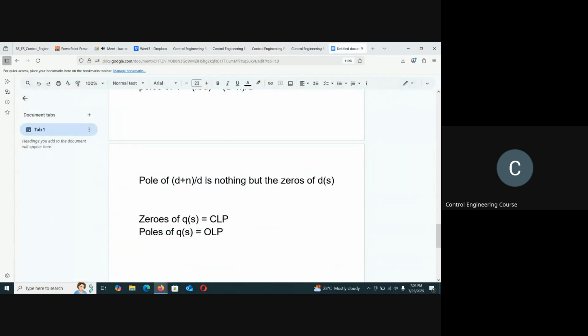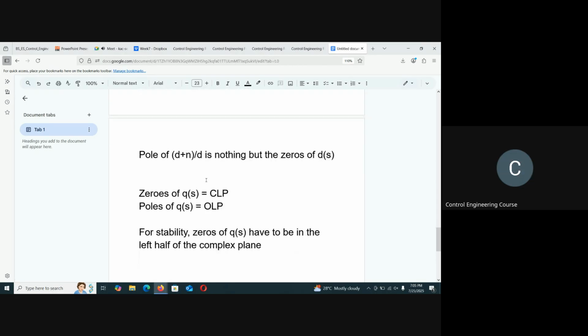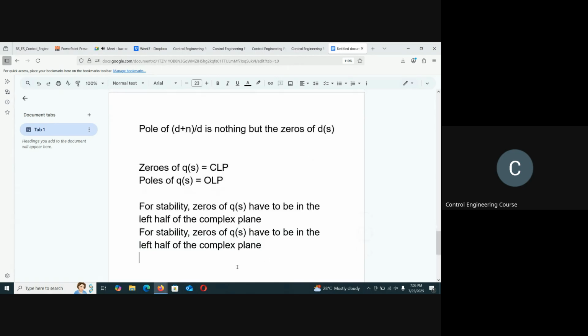Now, for stability, all the zeros of Q of S have to be in the left half of the complex plane, correct? Yes, sir. Or another way of saying it is the zeros of Q of S should not be in the right half of the complex plane.